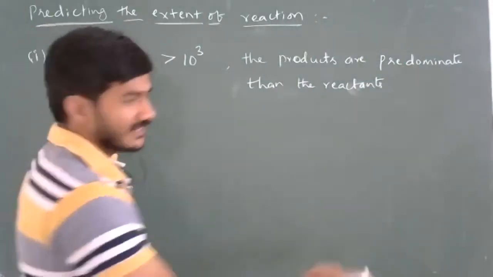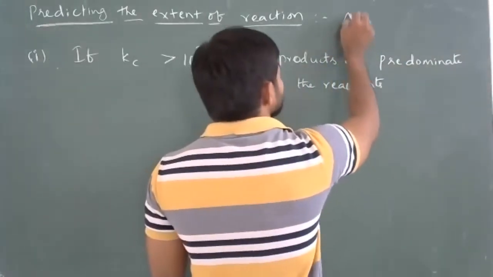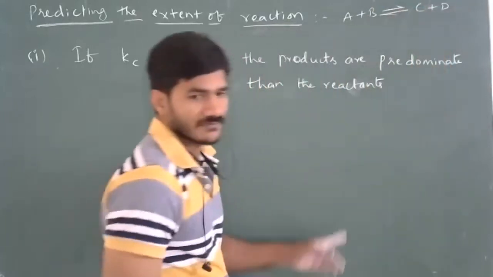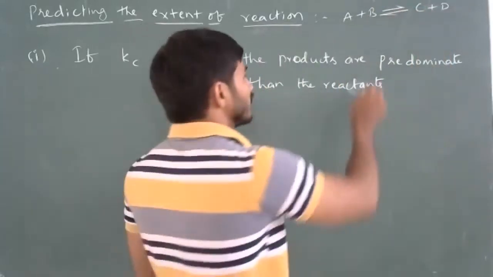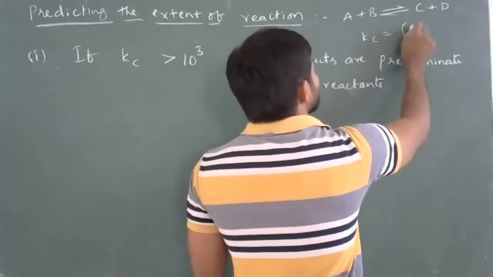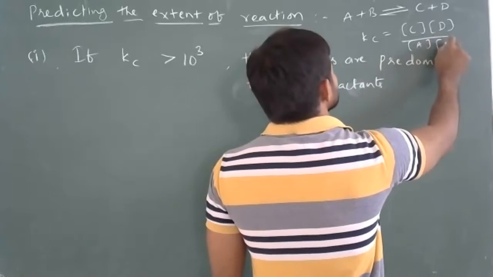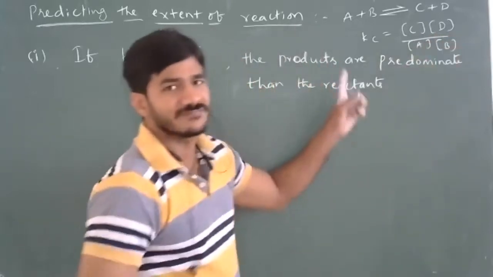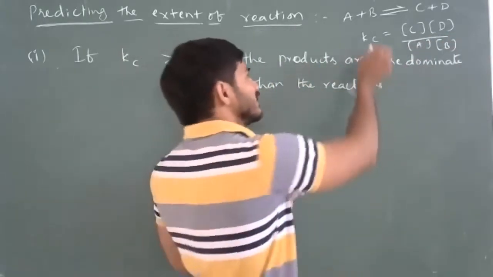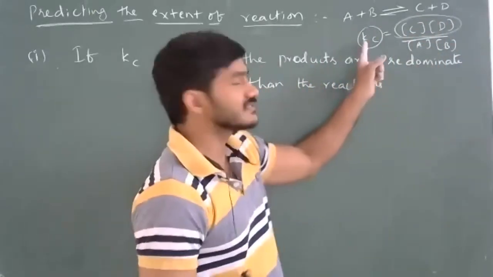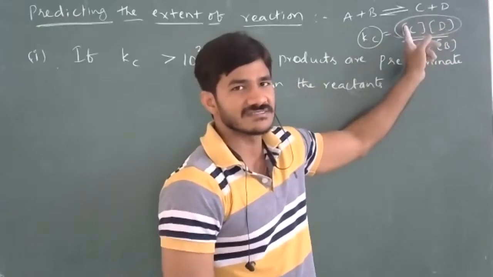See, the general reaction: A plus B gives rise to C plus D. For this reversible reaction, how to write Kc? Kc is concentration of products by concentration of reactants. Kc is directly proportional to product concentration.